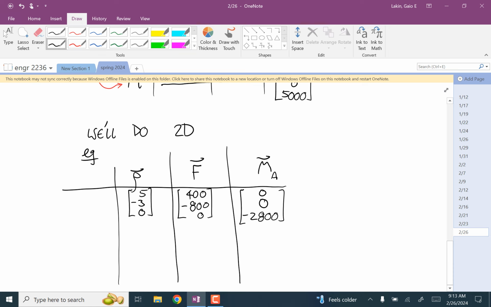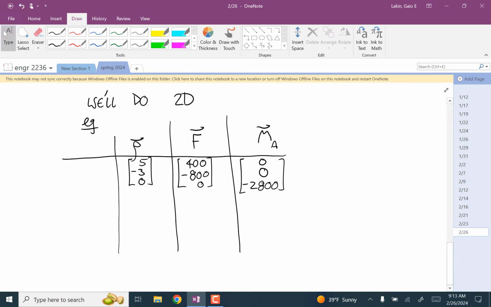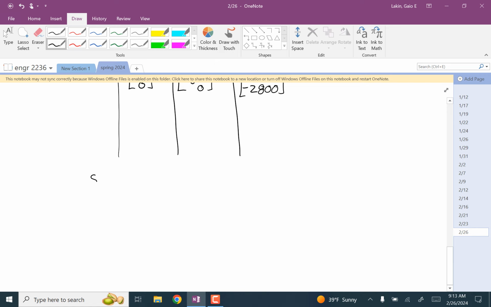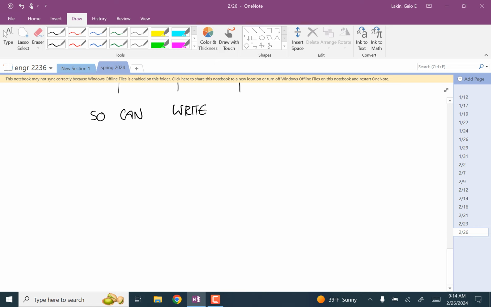Okay. So the only non-zero value ever is going to be in the z component. So to save time, you can write this perfectly equivalently as, so here's your rho, your F, your moment.